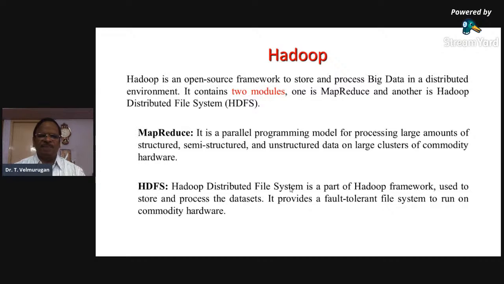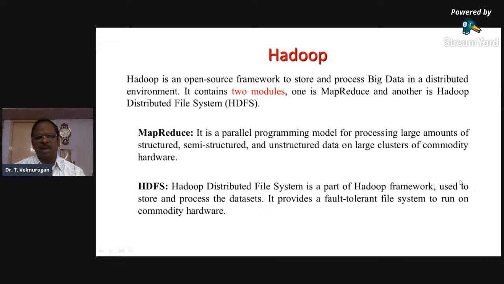For the processing purpose of the recent technology, the number one software utilized by many people nowadays in the world is Hadoop software. It is a 100% open source framework, not proprietary software.